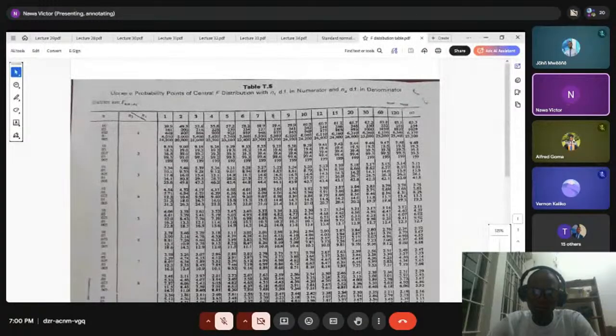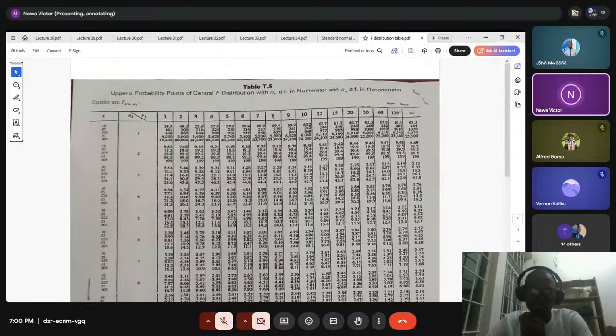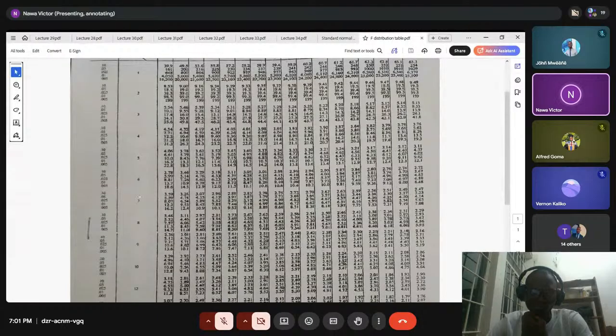So it says upper alpha probability points of the F distribution with N1 degrees of freedom, that's df in the numerator, and N2 degrees of freedom in the denominator. So N1 is here, these are the numerator degrees of freedom, and N2 is here, these are the denominator degrees of freedom going down.